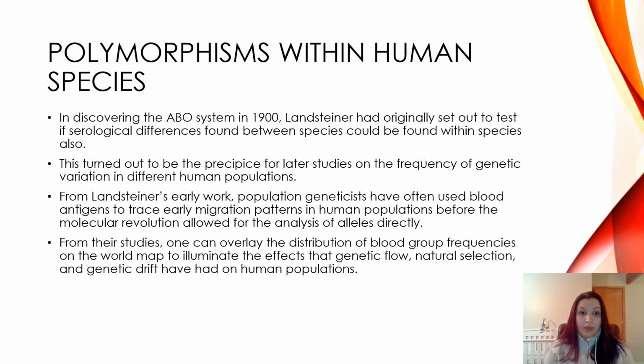So when Landsteiner set out almost 120 years ago, discovering the ABO system, he was testing to see if the differences between species could also be found within species. And this turned out to be the start of the study of genetic frequency and variation within different human populations.